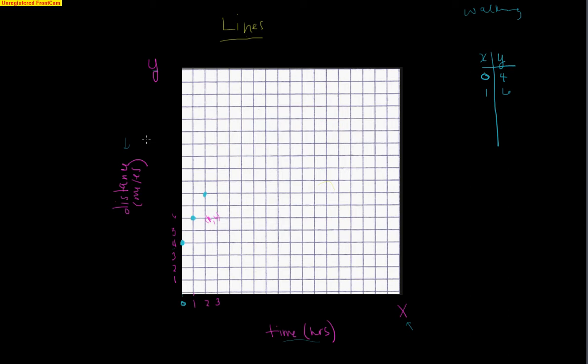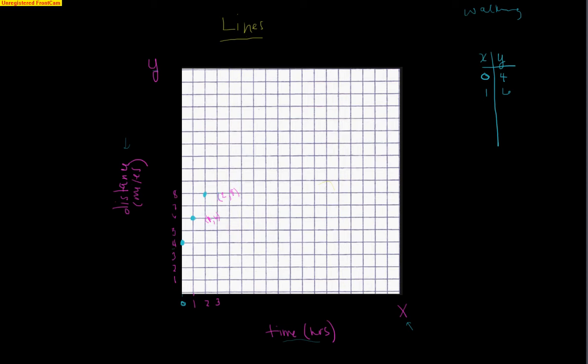And then looking at this next point, I'm walking steadily along at a constant rate. After 2 hours, I am now 6, 7, I'm up to 8 miles away from home.